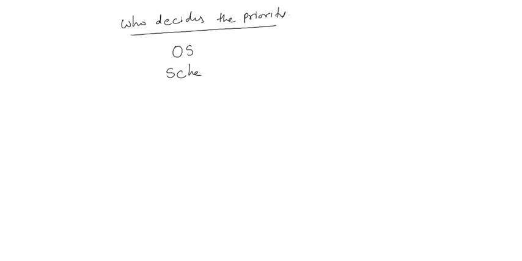Now the question comes: who decides the priority? Who decides which task should be executed when, right? Your operating system or your scheduler can decide the priority, in different ways.